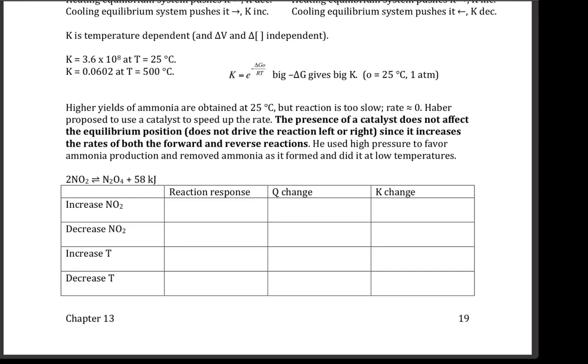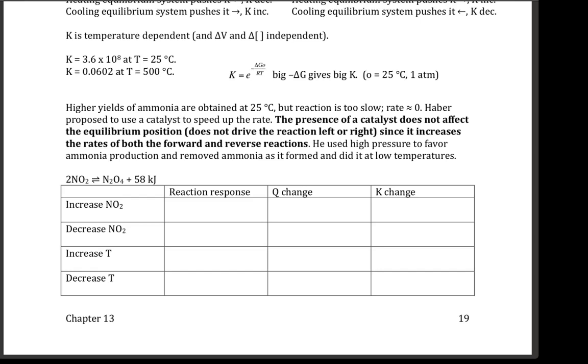So if we have a larger amount of NO2, then that is going to decrease the value of Q because NO2 is in the denominator. If we increase the initial amount of NO2, we have decreased the value of Q. If we decrease the initial concentration of NO2, then that will increase Q.